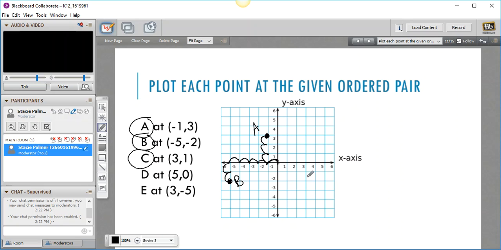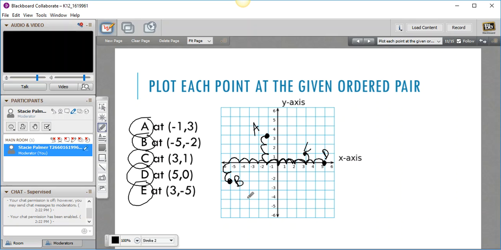Point C is at 3, 1. So from the origin, we move to the right 3, 1, 2, 3, and then we move up 1. So that would be point C. Point D is at 5, 0. So from the origin, if we move to the right 5, 1, 2, 3, 4, 5, and then up or down 0, we know that point D is right here on the x-axis.